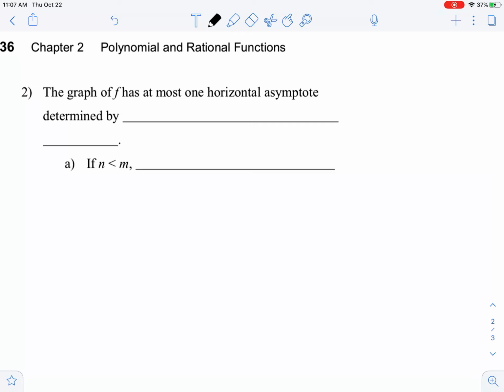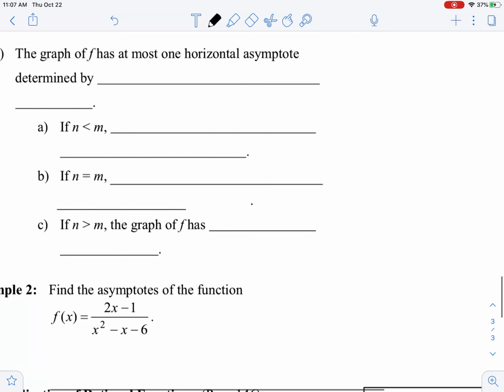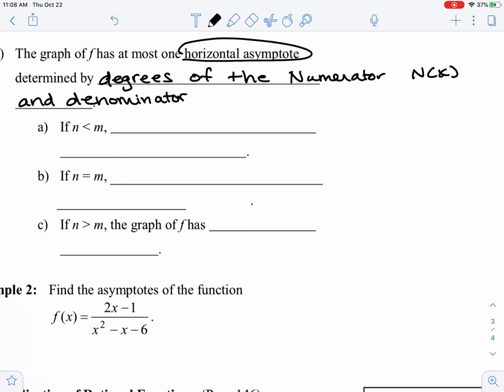And then looking at part 2, the graph of f has at most one horizontal asymptote, determined by the degrees of the numerator, which is n of x, and of the denominator, which is d of x.